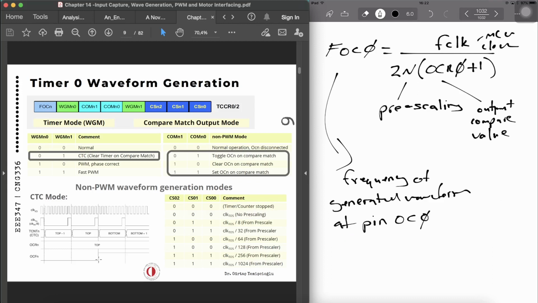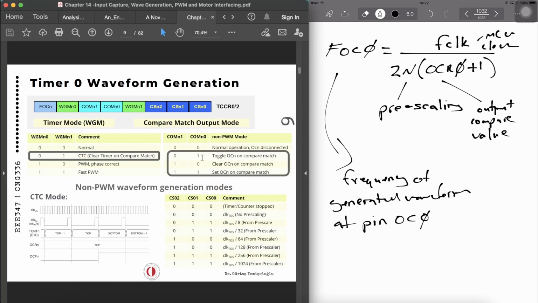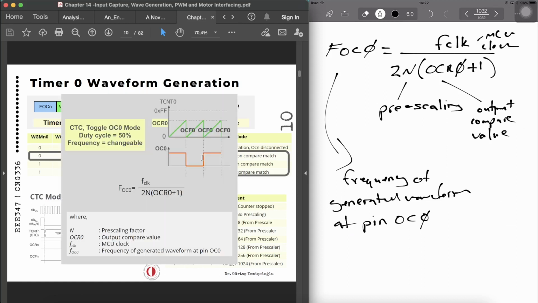In order to generate these using timer 0, here is the formula. To generate these square waves, we can set the timer to normal mode or maybe a CTC mode and set the COM bits to the toggle mode. If I go back, that is 0, 1 for toggle. The OC pin will be toggled on each compare match and a square wave will be generated. That's the easiest one that you can have.